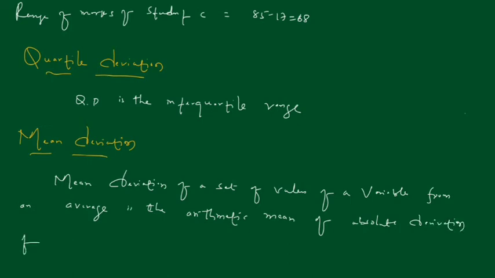Absolute deviation of the values of the variable from that average.